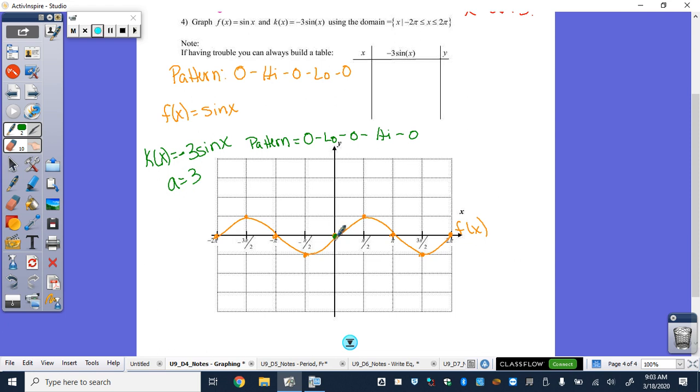So 0 down to 3, 0 up to 3, 0, and then the pattern continues on the other side. And there we go. There's our k of x. So memorize the patterns, which one goes in which way, and that's what's going to help you be successful with this one.